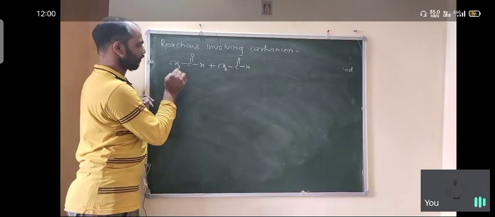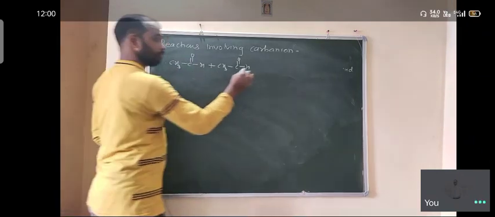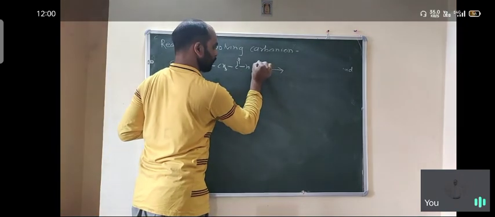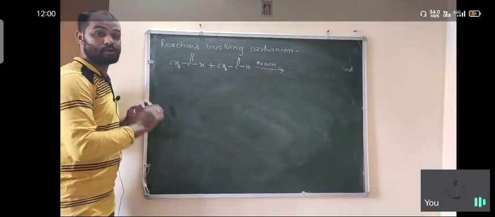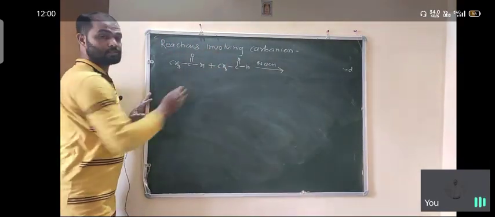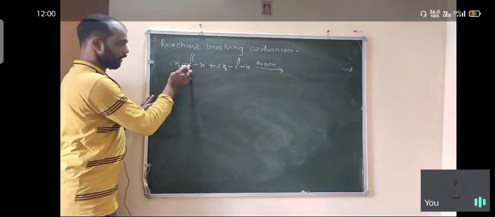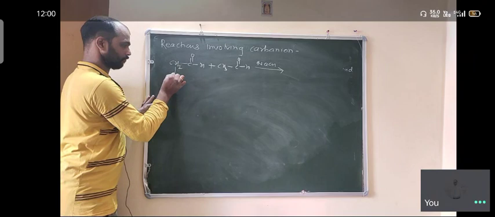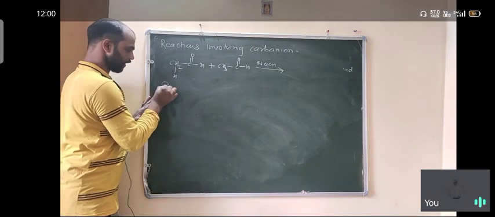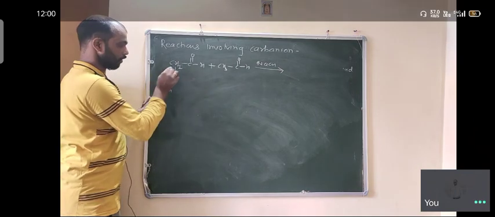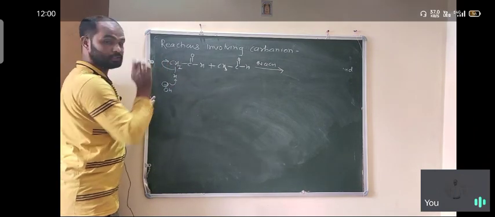So what happened? Suppose this molecule undergoes carbanion formation, so here NaOH is used as a base. What is the role of the base? The base will abstract the proton. Due to the carbonyl carbon, these protons are acidic, so the base OH minus will abstract this proton and shift the bonding electrons onto the carbon.